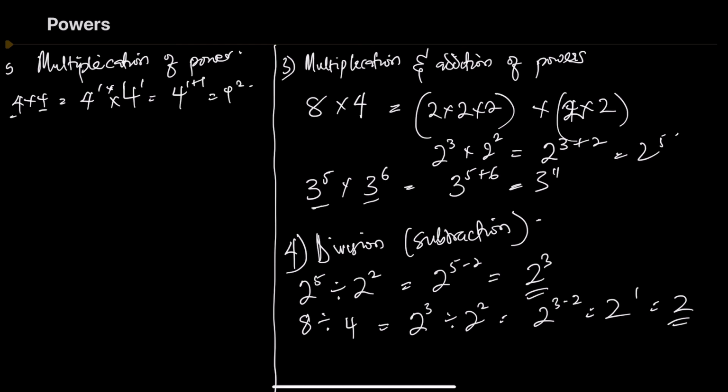But 4 itself is 2 raised to power 2. So 4 raised to power 2 is basically equal to 2 raised to power 2, squared.